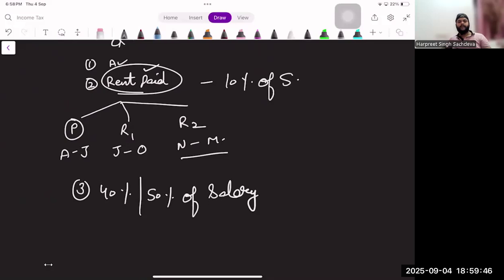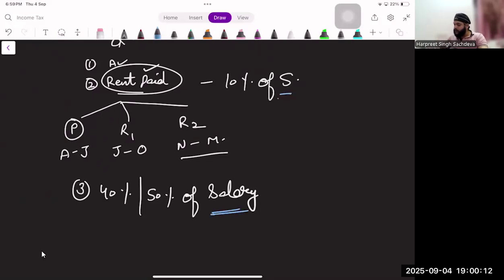During the year, an employee's salary can change, yes or no? Anyone? Is it possible that salary can change, yes or no? During the year, in between the year? Everyone, quick. Yes. It is possible that salary can change.